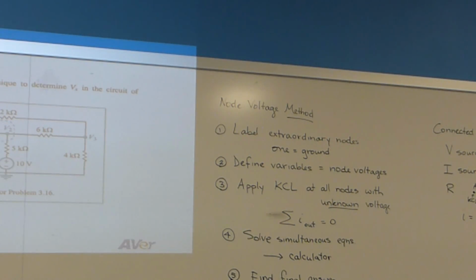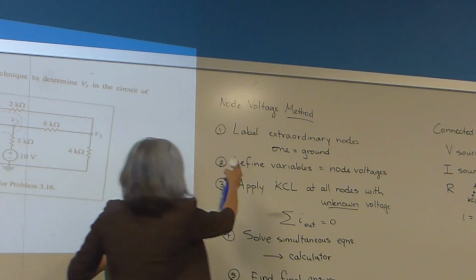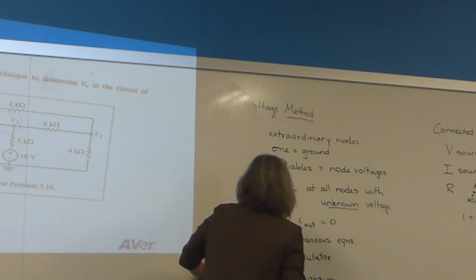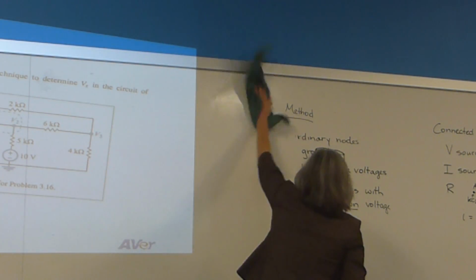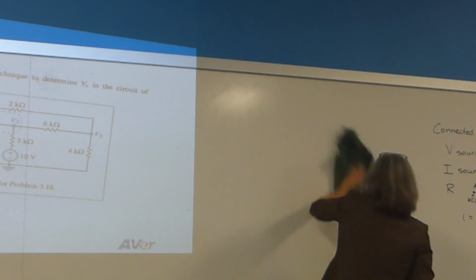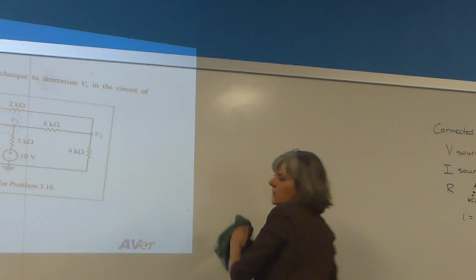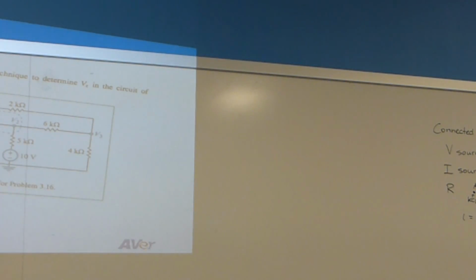Fortunately, we have a solution for that, and this is called a supernode. If you think about what the problem is, V1 and V2 are not actually independent. Do we agree that's true? If I know V1, V2 is just 6 volts higher. So they're not actually independent variables.